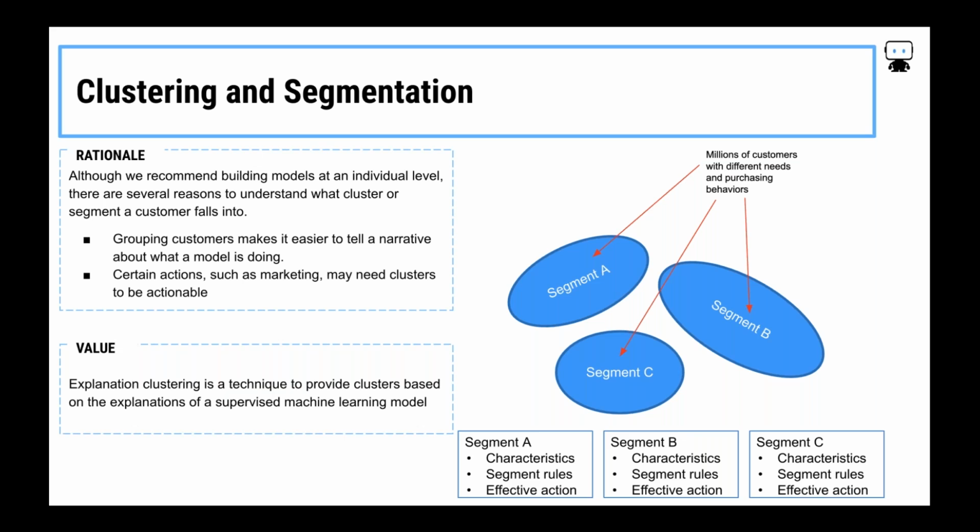We want to be able to group customers together, sometimes to tell a narrative. If we're running television ads, we might not be able to run a specific individualized television ad for every person. Right? It makes sense to group or lump people together into some type of segmentation and then be able to approach them. So what I want to focus on today is that explanation clustering is a technique that can provide you the clusters for this.